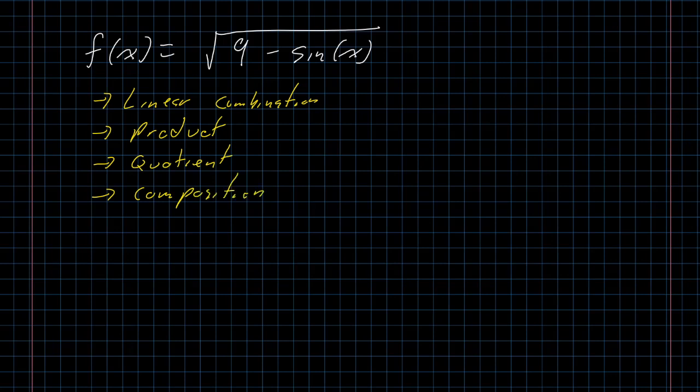I would like you to determine which of the four operations makes the most sense for this particular function. Is this a linear combination of two simpler functions? Is this a product of two simpler functions, a quotient, or a composition? Then once you have that determination, name the two simpler functions.